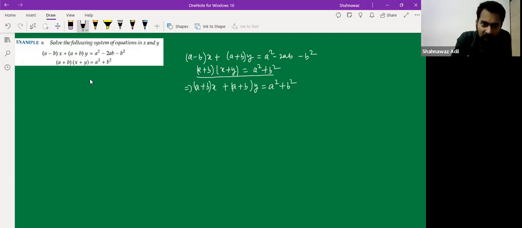Right. So your a1 is how much? a minus b. b1 is how much? a plus b. And c1 is how much? Minus of a square minus 2ab minus b square. And a2 is what? a plus b. b2 is what? a plus b. And c2 is what? Minus of a square plus b square. Right.